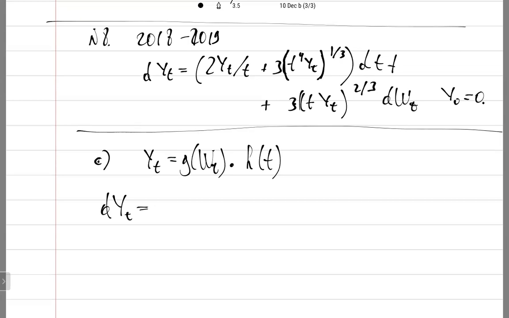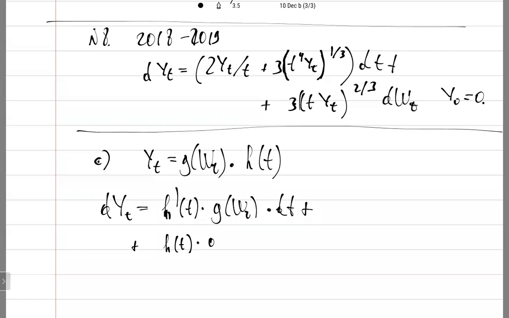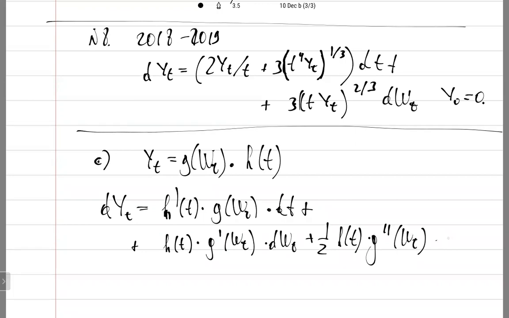In this case, dY would be h prime of t times g of Wt dt plus h of t times g prime of Wt dWt plus 1 over 2 h of t g double prime of Wt dt, because that one is just dWt squared.